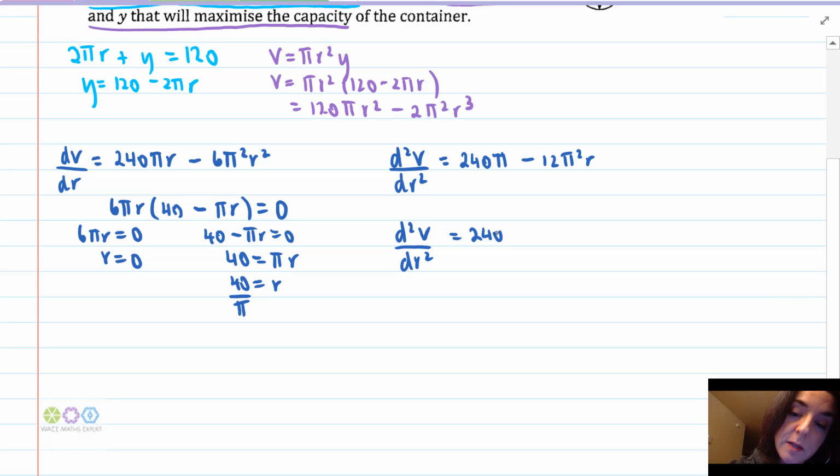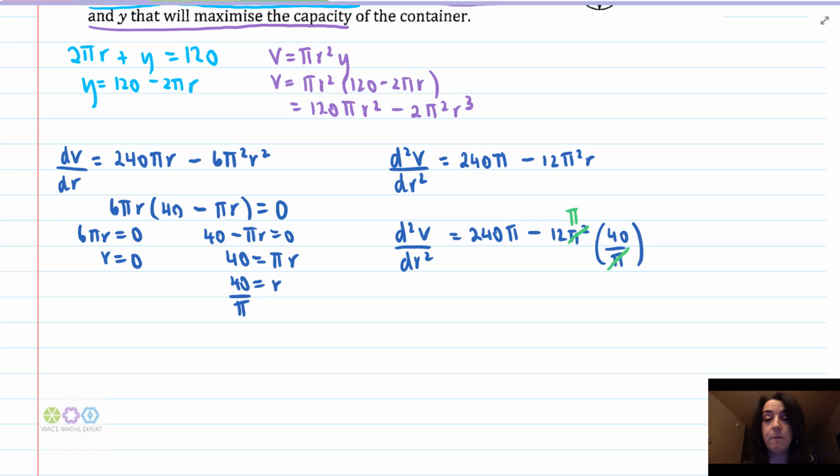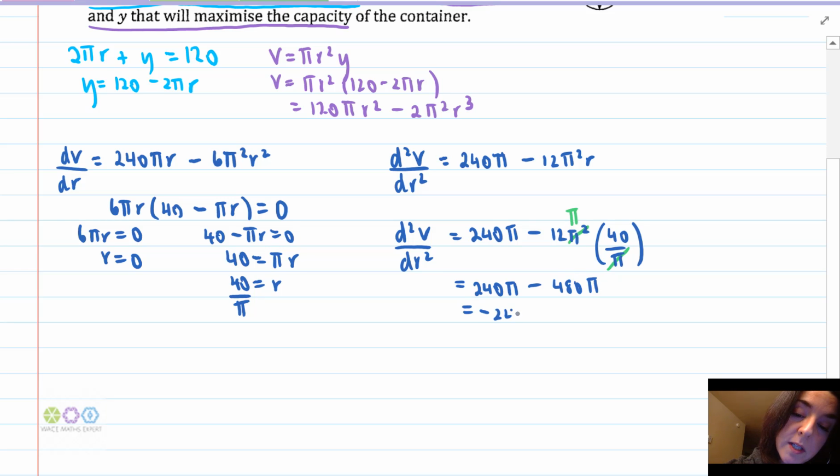So we have 240 pi take 12 and then pi squared and then 40 over pi. So we can see here that this pi cancels out and leaves us with pi. And 12 fours are 48, but 480, so we're left with 240 pi take 480 pi. So that leaves us with negative 240 pi. And since that's a negative, we know that from the concavity, we're looking at a maximum.